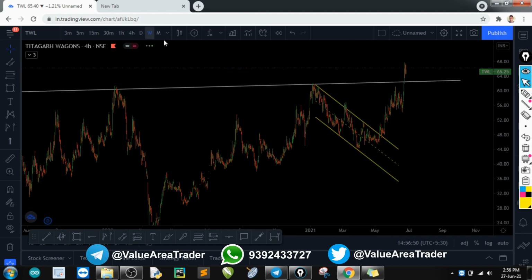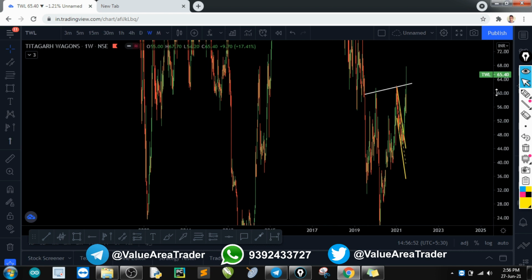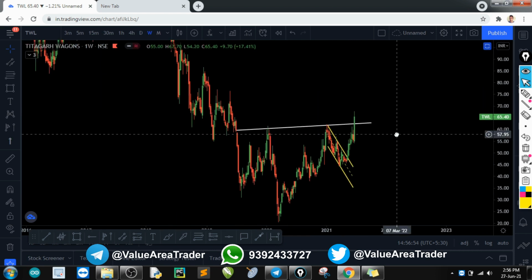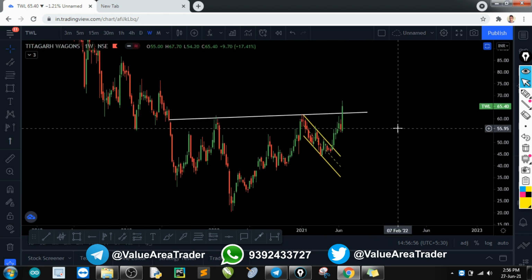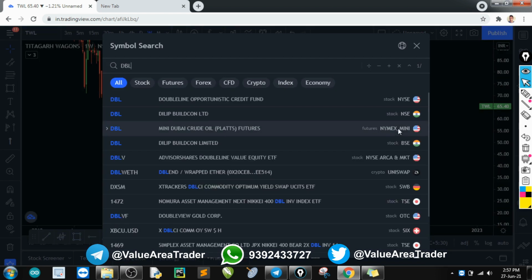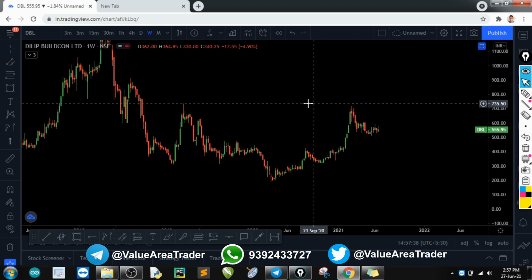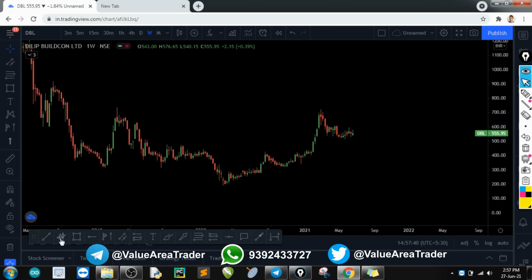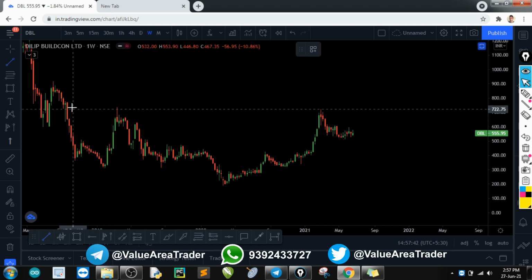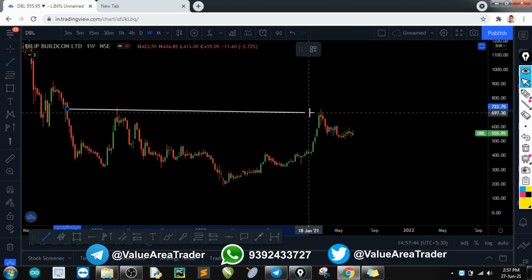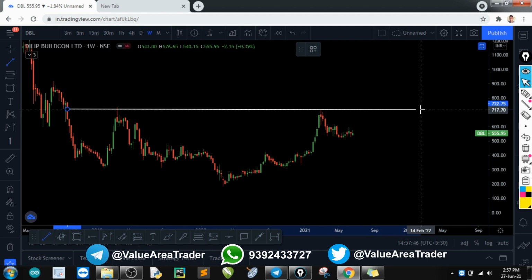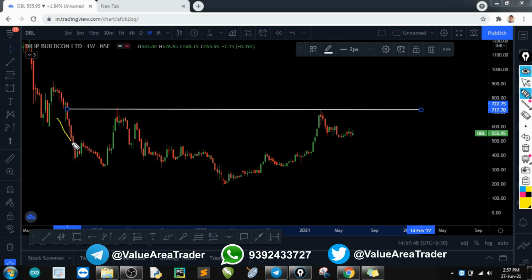Now let's go to the stocks in which right now the price is somewhere in the right shoulder area. So the first is, as you can see, I can clearly see a straight inverted head and shoulder, with this being the left shoulder, this being the head, and this being the right shoulder.